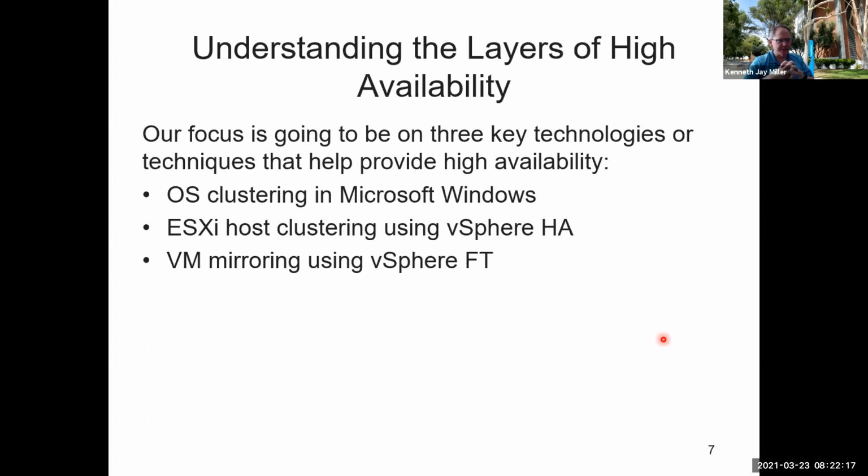It does the job that it's designed to do, and that's the clustering, the Microsoft clustering, server clustering, MSC. Then the other one we can do is cluster our ESXi host machines using vSphere high availability. And then we can also mirror our VMs, right? Have multiple versions of our VMs, one that is an exact replica of the other one. And we can do that using vSphere fault tolerance.